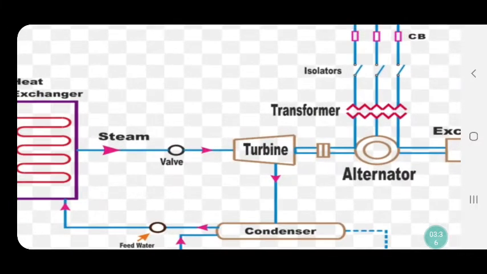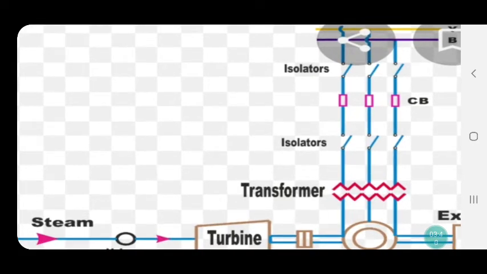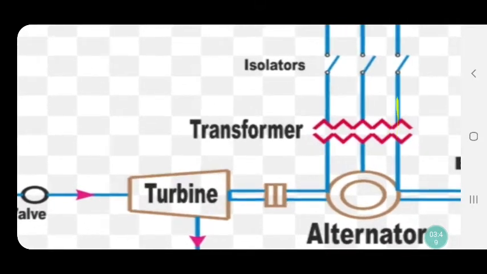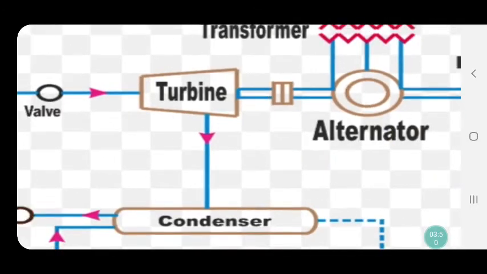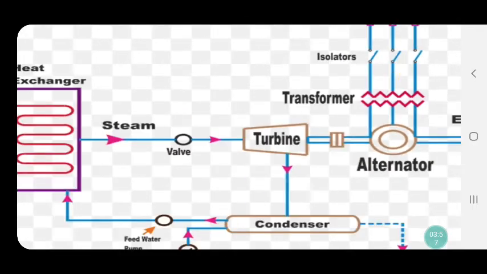That electricity generated by the alternator is stepped up by the transformer, meaning the transformer will increase the level of that voltage. Suppose the alternator generates 11 kilovolt, then the transformer will step up the 11 kilovolt to 120 kilovolt.